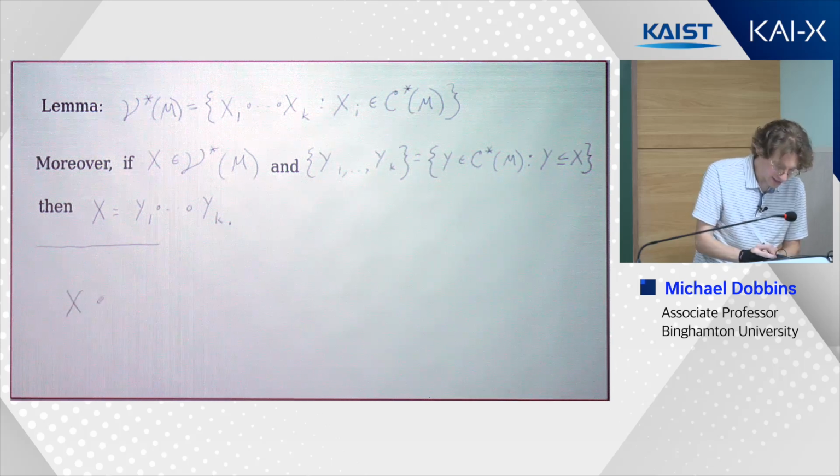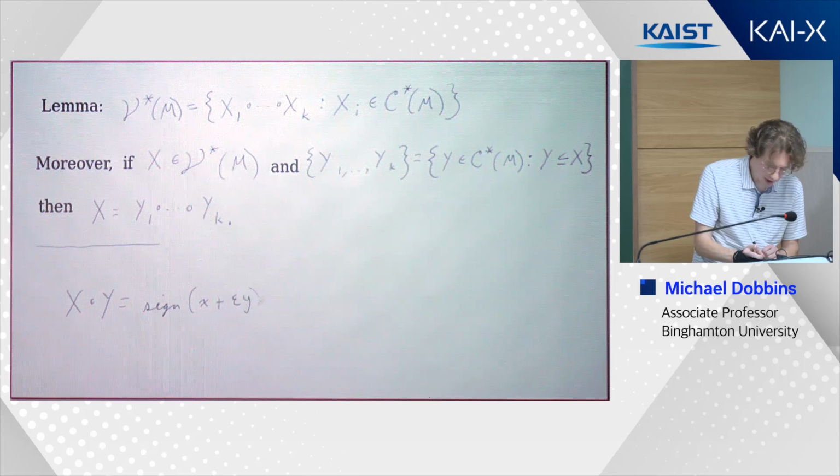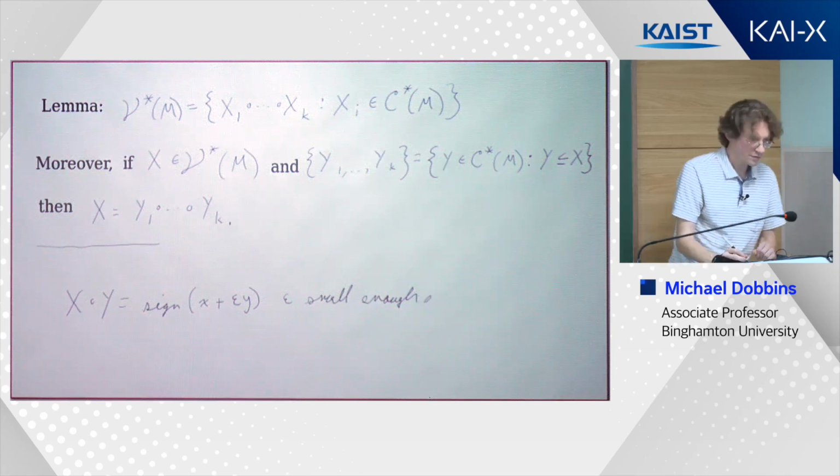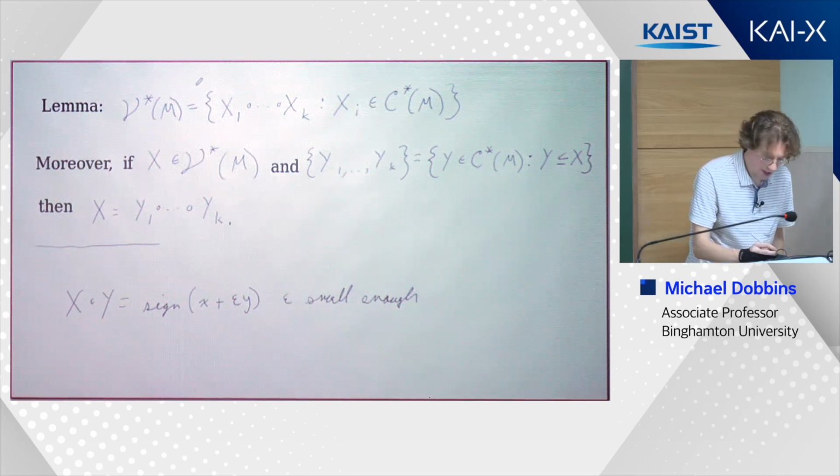If we look at x composed with y, this is the sign of x plus some epsilon times y, for epsilon positive and small enough.